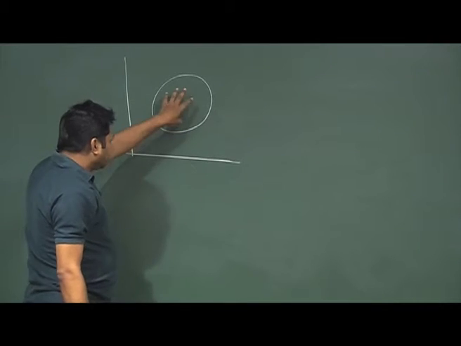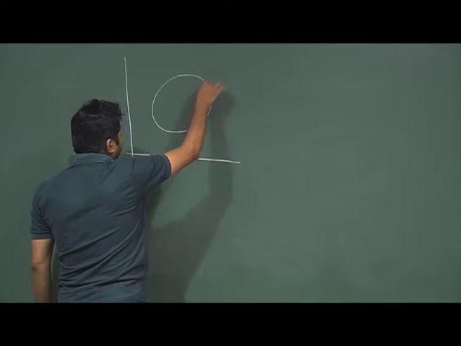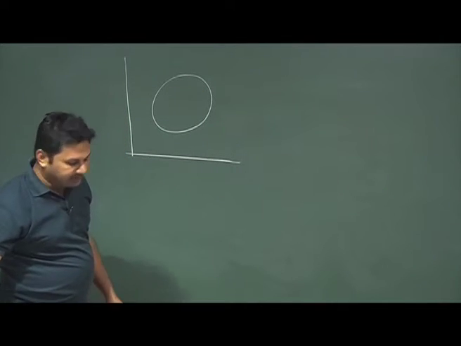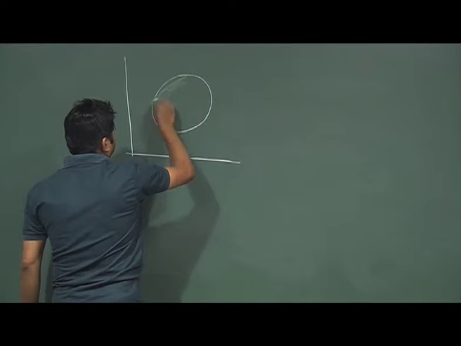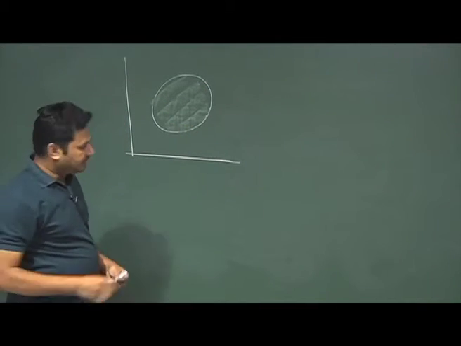Now, this forms a region. The line which is closed is encircling some region. This is called the region.